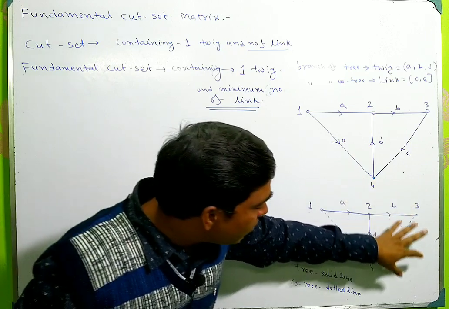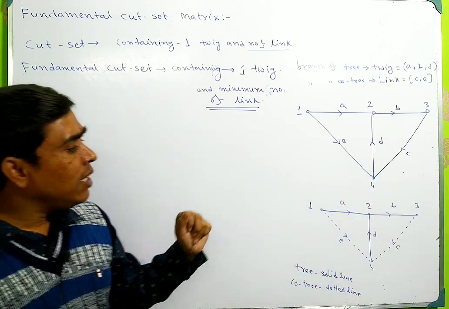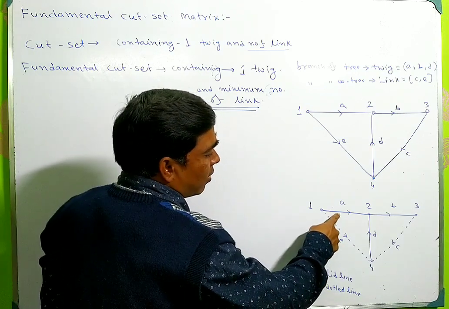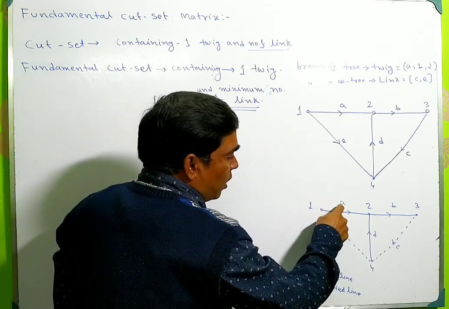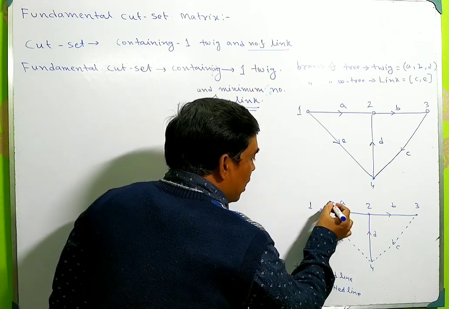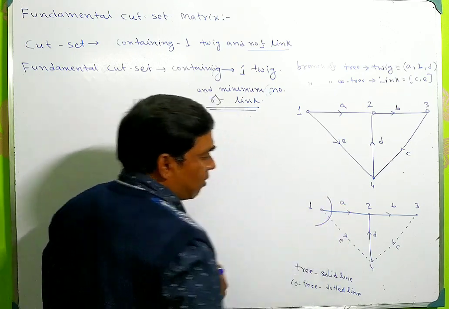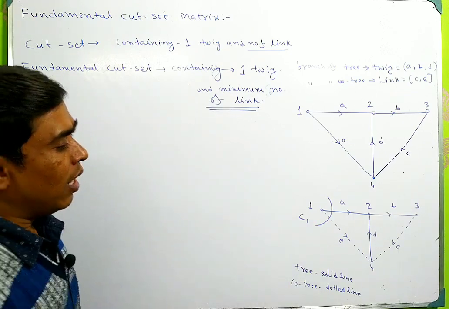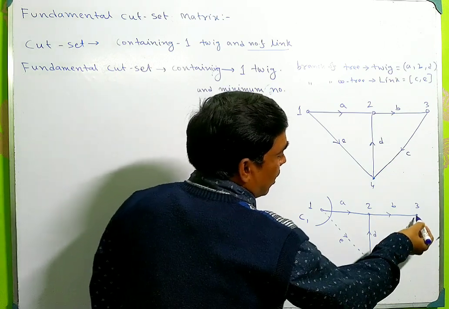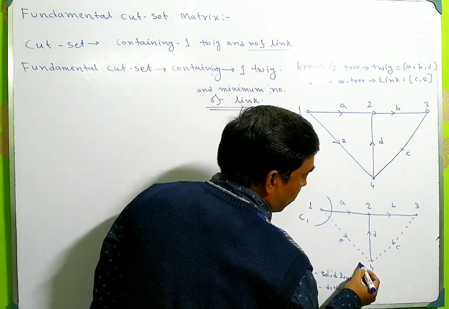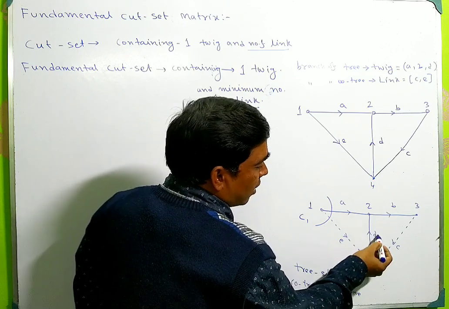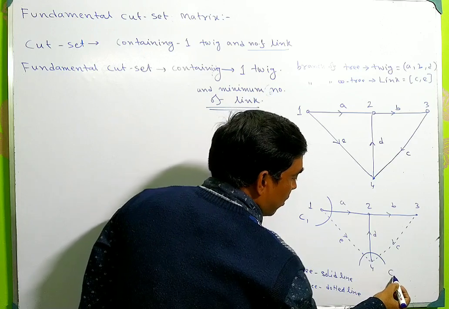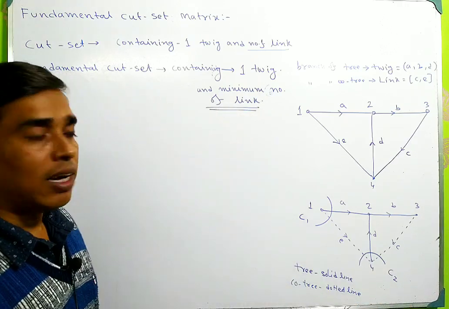So from this graph what will be the number of Cutsets? This is one twig, twig A. From twig A you can take a Cutset, suppose this is Cutset C1. Here you can take this one twig, that means D. From twig D you get Cutset C2.